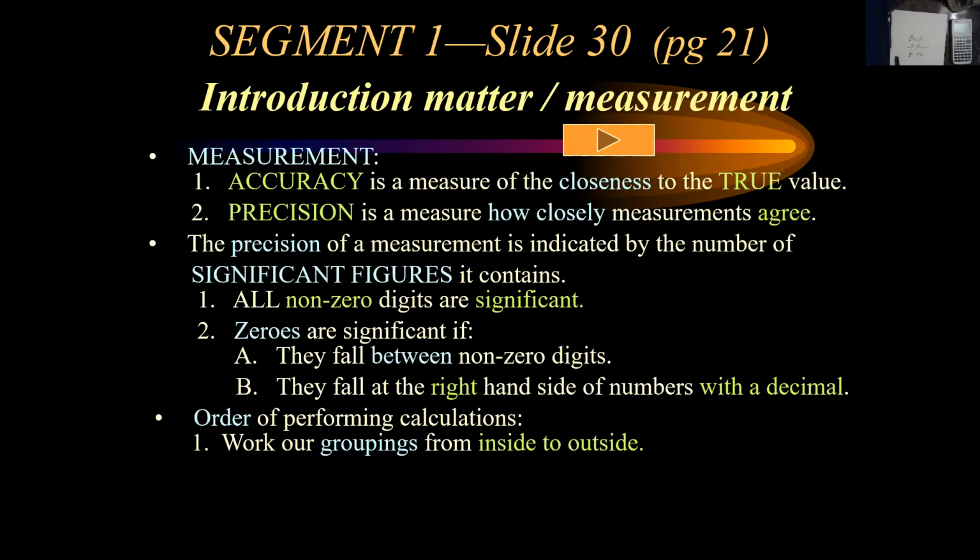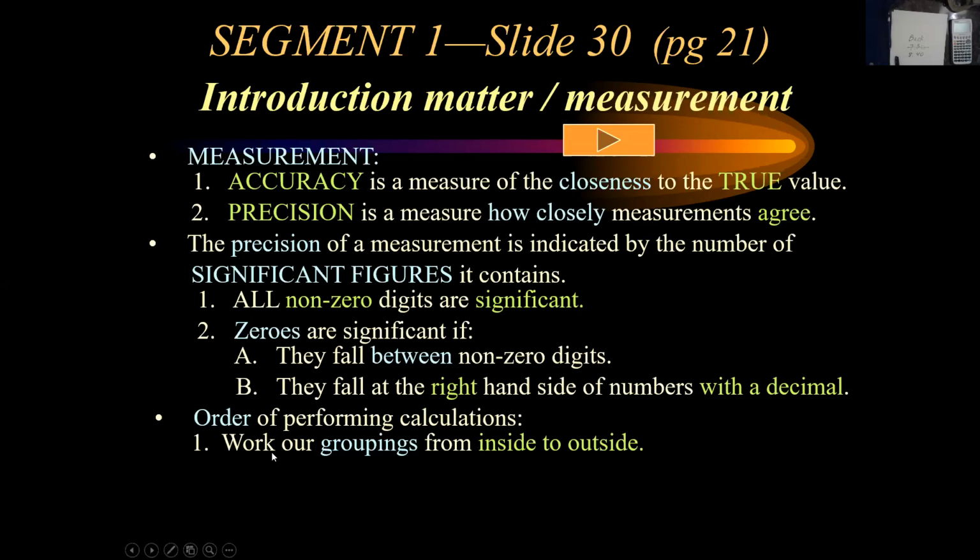So it's going to keep on searching until it finds the right parenthesis matching that. And it's going to do all of the calculations inside that. If you've got them nested, you know, you got parentheses and then you got brackets and then you got braces and things like that, it's going to work out the most inside one first, and then it's going to work out the next one, and then it's going to work out the next one. So it's going to do groupings from inside out.